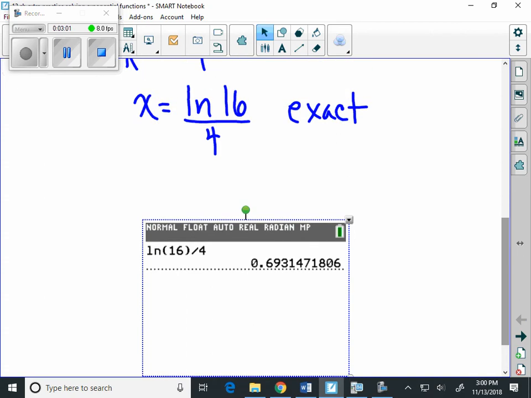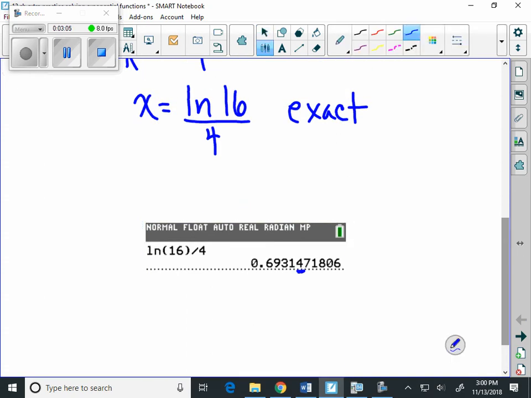When we round to the nearest 10,000, we're looking at the 4 here in the 5th decimal space to determine what to do with that 1. Our approximate ends up to be x equals 0.6931. Because 4 is less than 5, we leave that 1 alone.